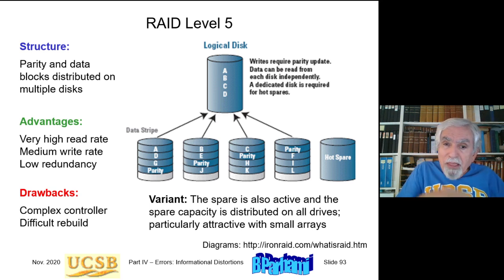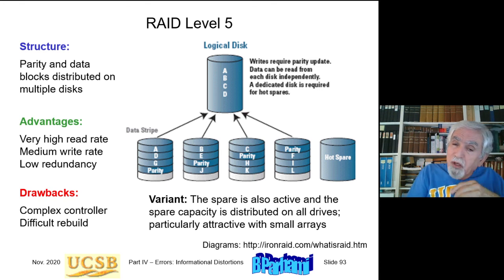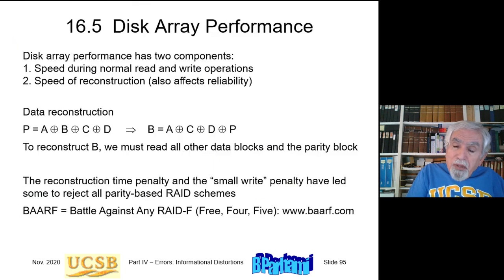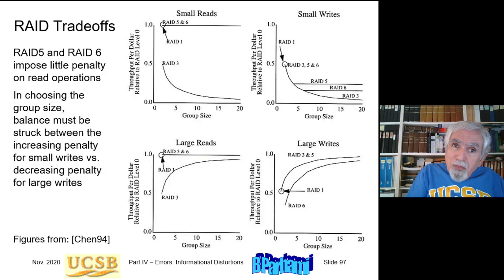Therefore, making the parity group smaller has this advantage. Of course, if the parity group is smaller, then the probability of failure goes up. So there's a trade-off.